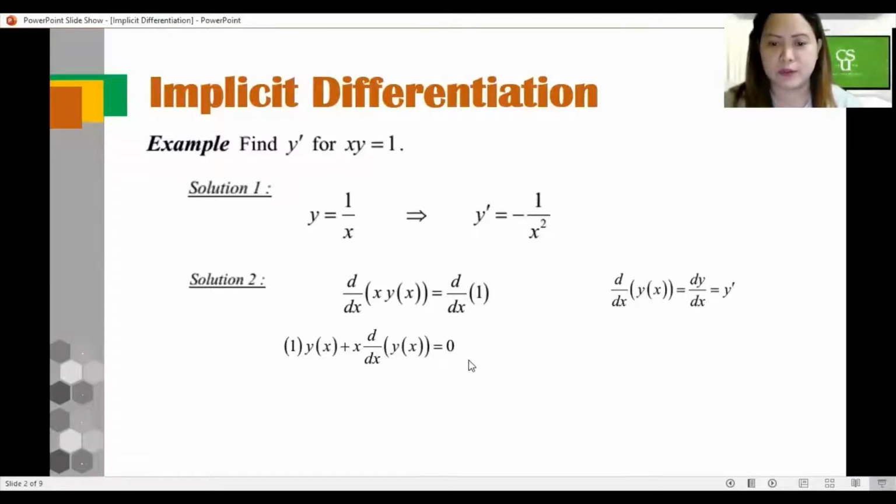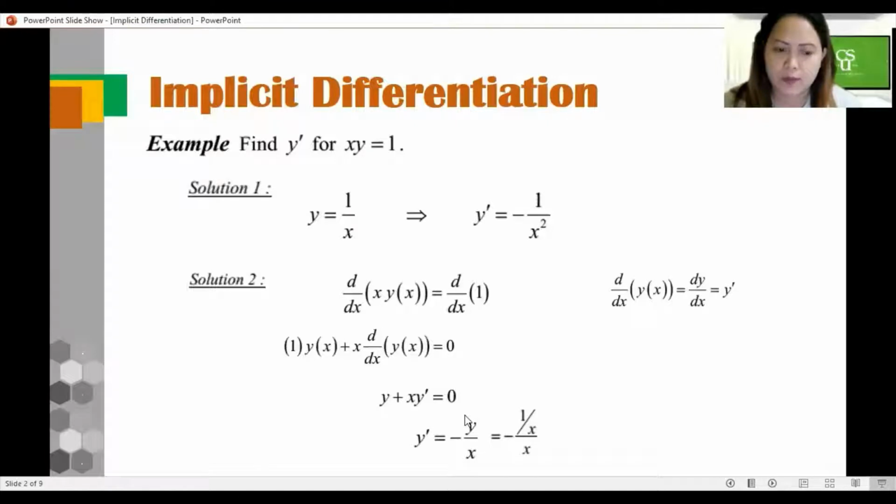That is equal to the derivative of the constant 1 with respect to x, which is 0. That means we have 1 times y of x is y, plus x times y prime, equals 0.